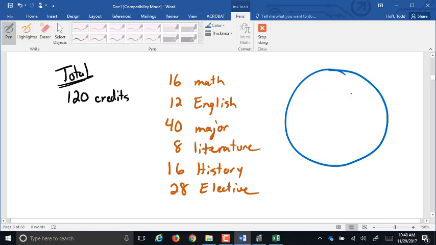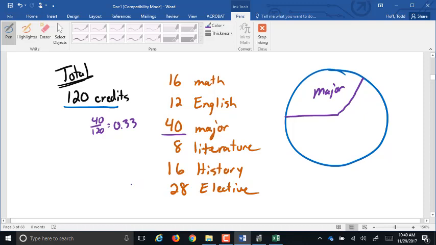So the way we would display it on there, of course, is usually by a percent. We have the 120 credits total. We would find what percent each of these are. So like for your major, that's 40 out of 120, which is 0.33 or 33%. That's 1/3 of your credits is your major.